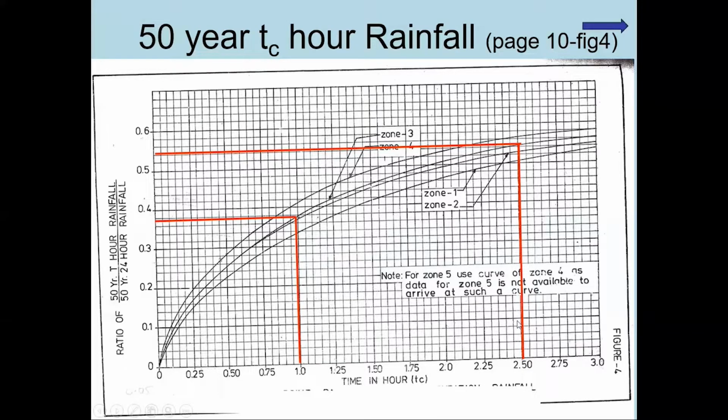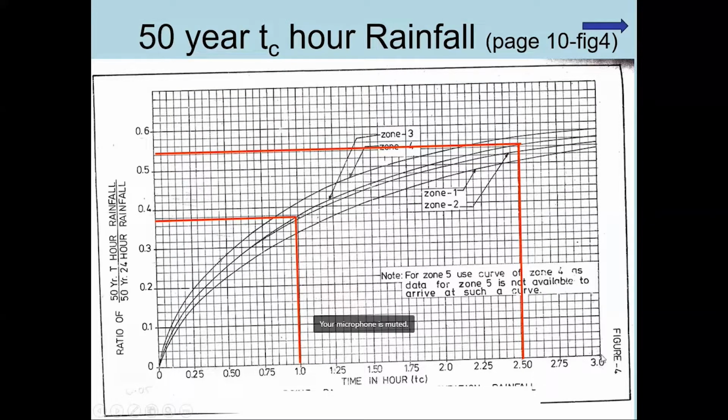Here it is 0.37. Similarly, for 3 hours duration, on this zone 3 curve, the value will be around 0.57 because the graph goes asymptotic. The second characteristic of this graph is that after 3 hours, it has not been mentioned, but you will find that it has almost become asymptotic, almost tangent, so it will continue like a straight line.